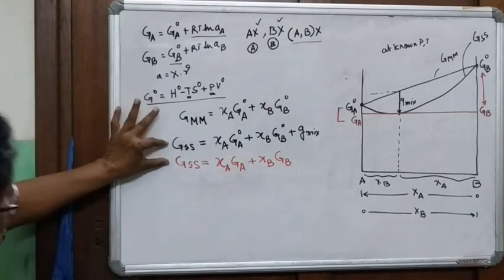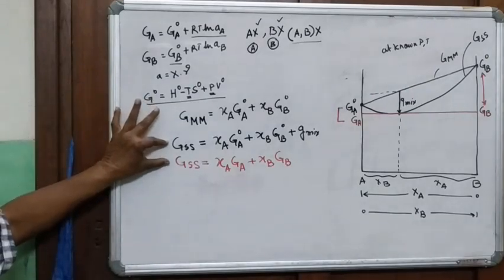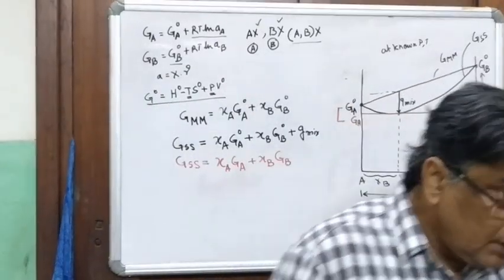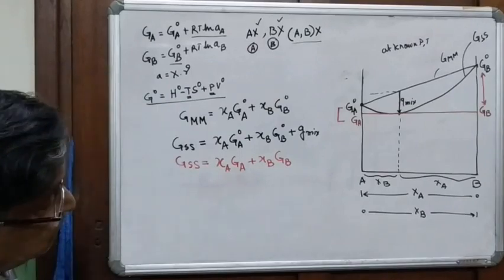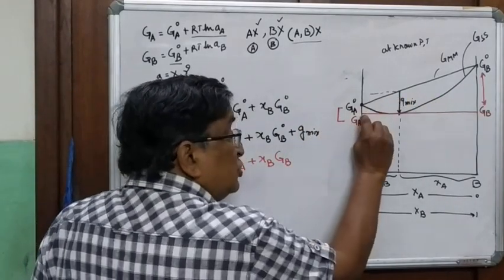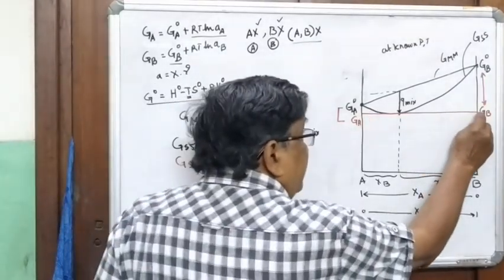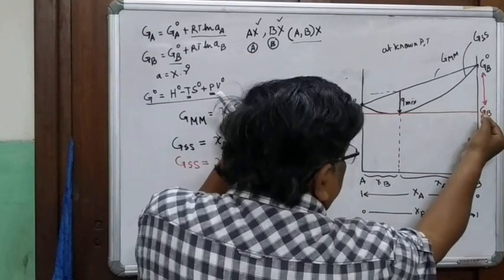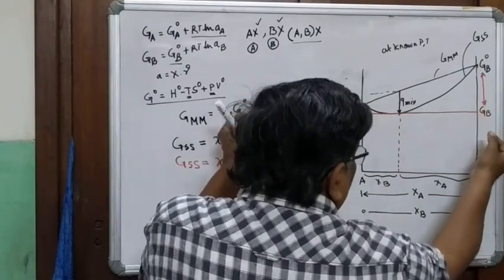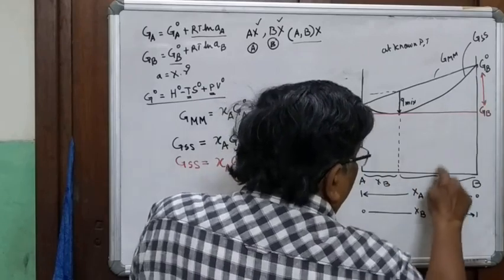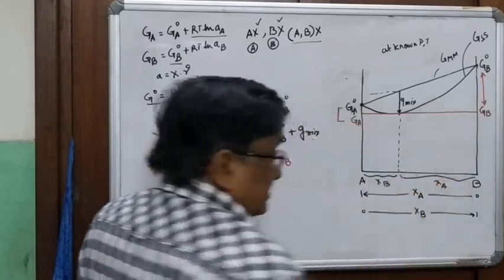They are both the same. Now, before we go into that manipulation, let me tell you one thing. The GA value is not fixed. The GB value is not fixed. This tangent, which has this slope now, can move up and down depending upon where your composition is.